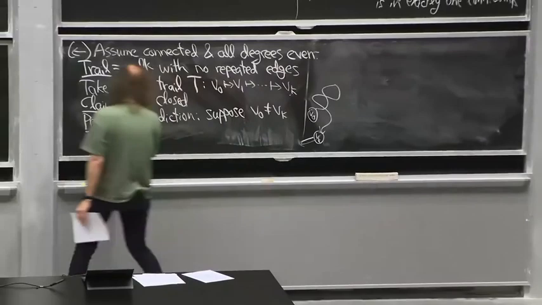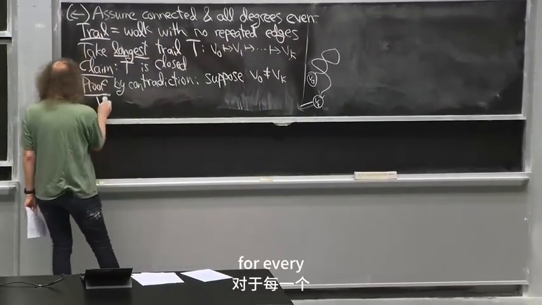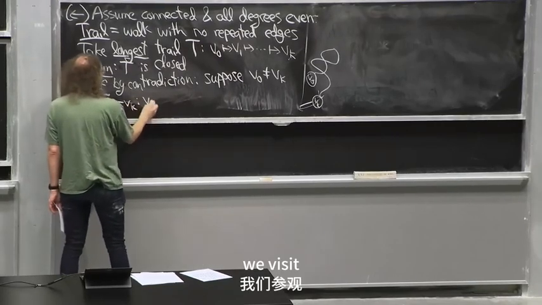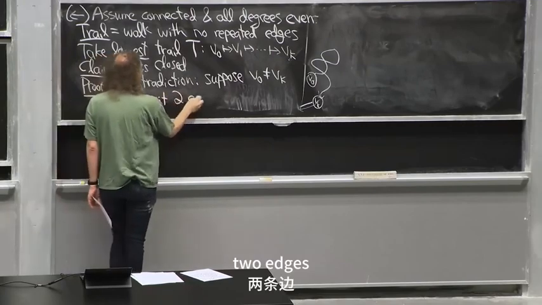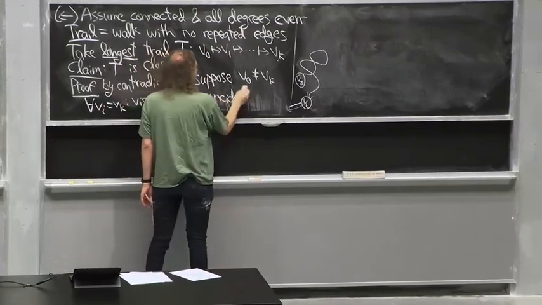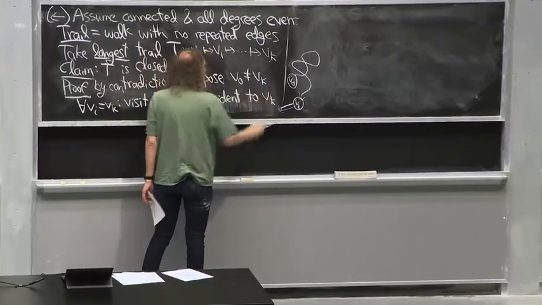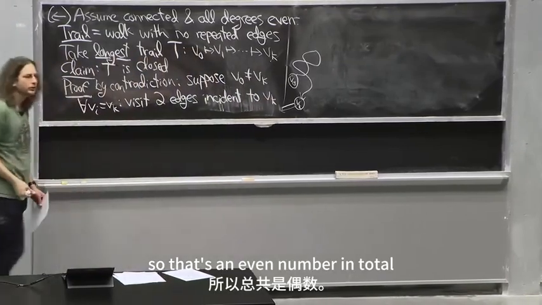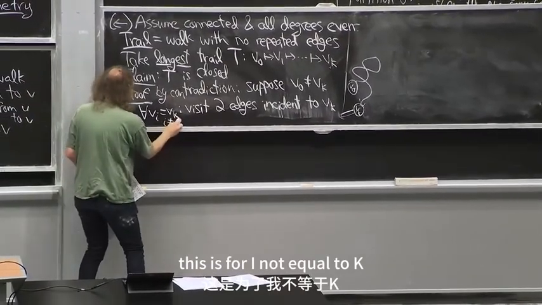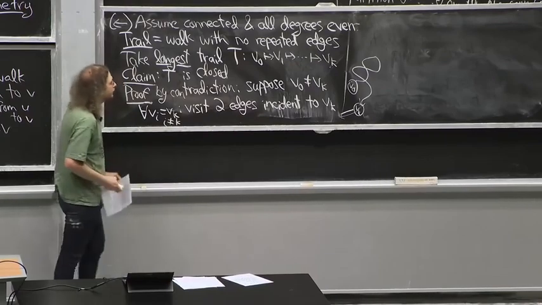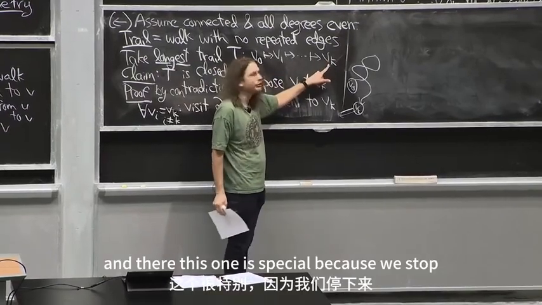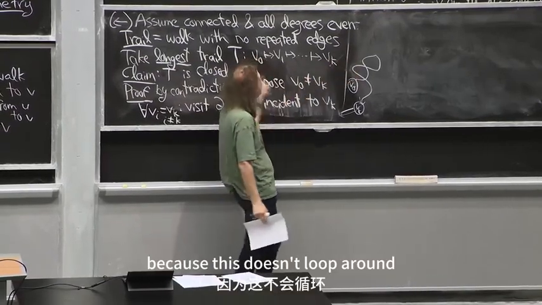So let's say for every vi that's equal to vk, we visit 2 edges incident to vk. So that's an even number in total. This is for i not equal to k. But then there's this last visit at the end. And this one is special because we stopped. There's no edge after vk, because this doesn't loop around.